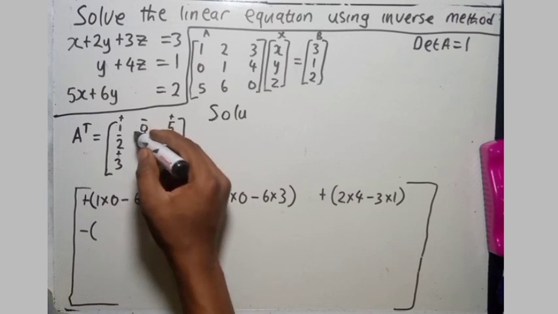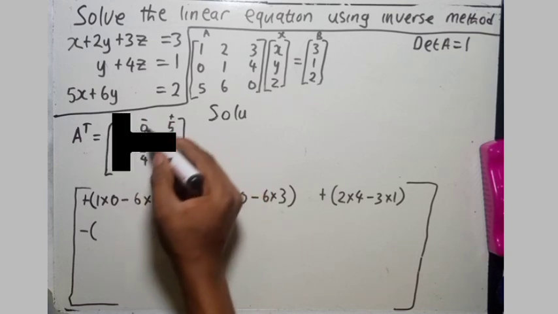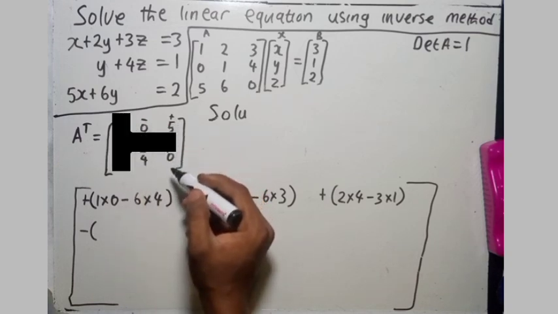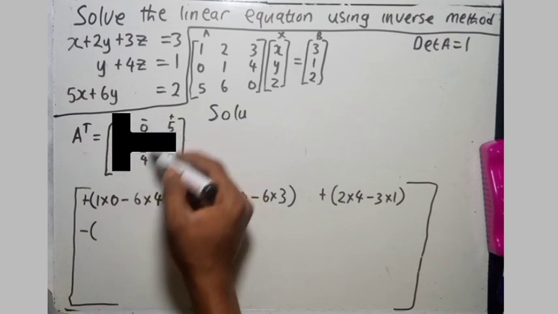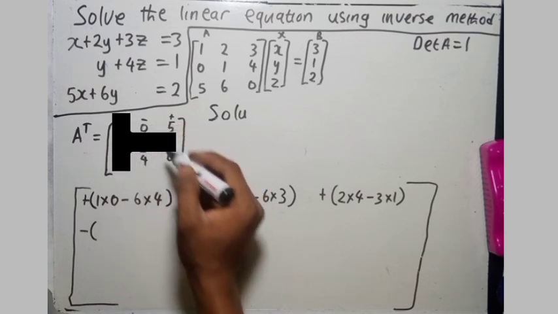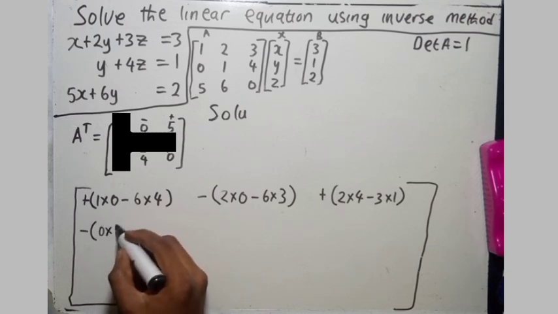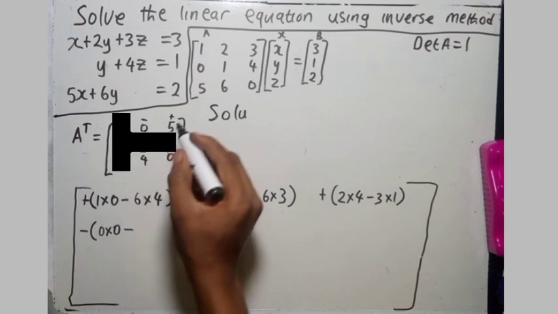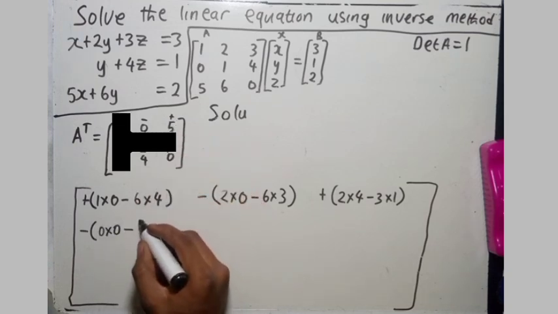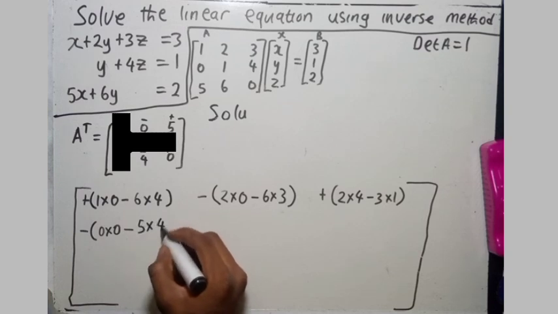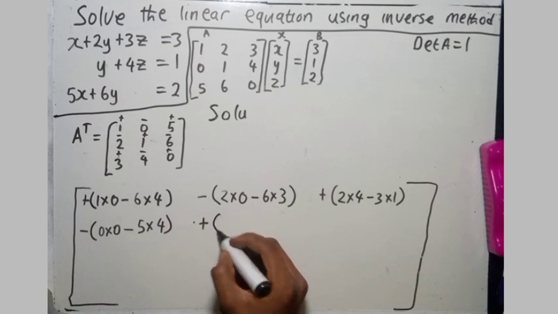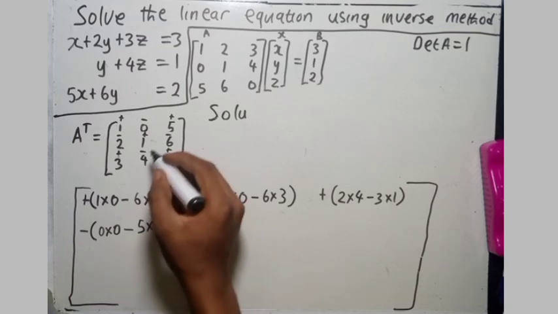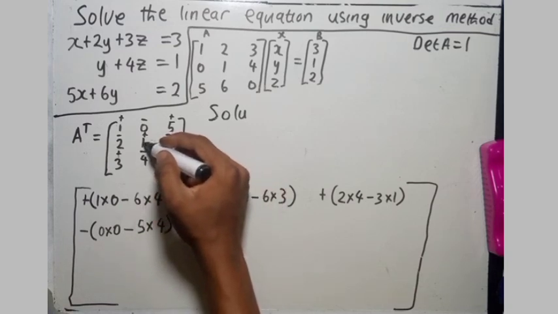Then every other thing that is not in this row and column, which is 0, 5, 4, 0. This is this row, this is this column. Anything not in this row and column is what we are considering. So 0 times 0 minus 5 times 4, plus, this is what we're not looking at.